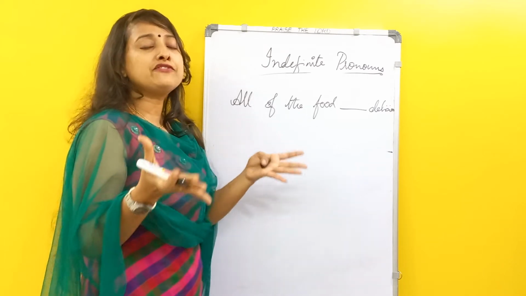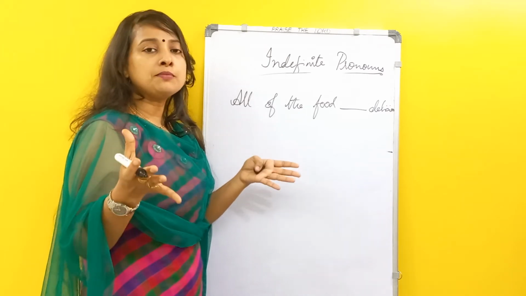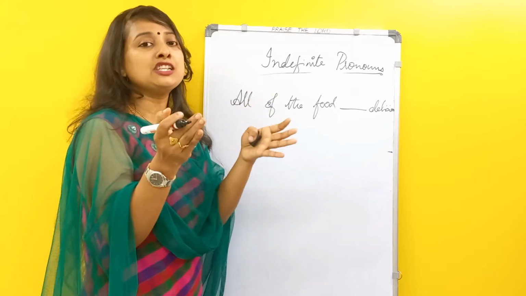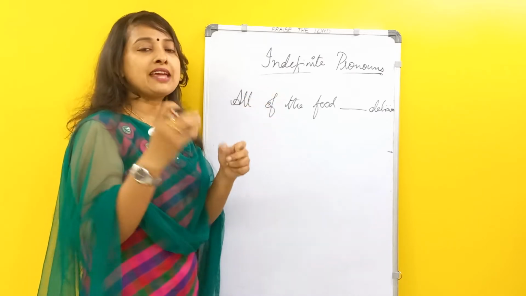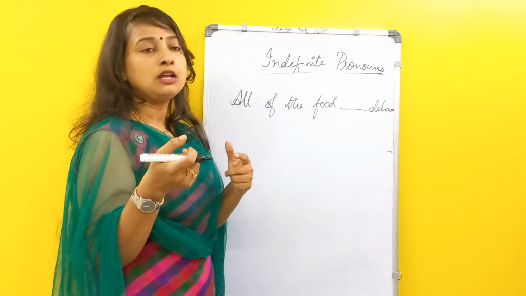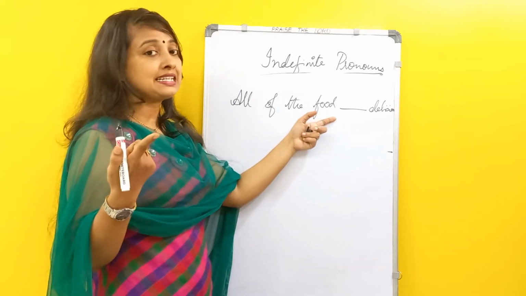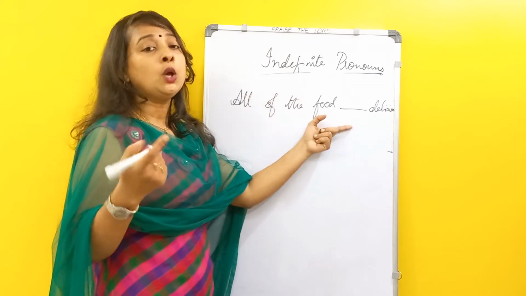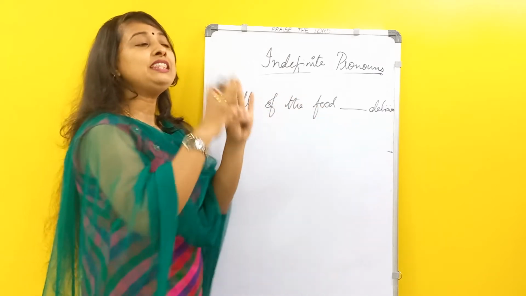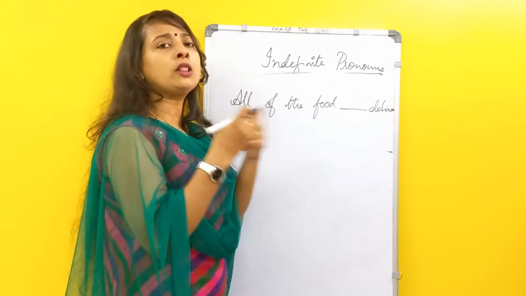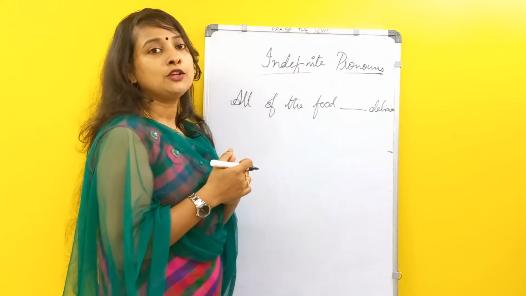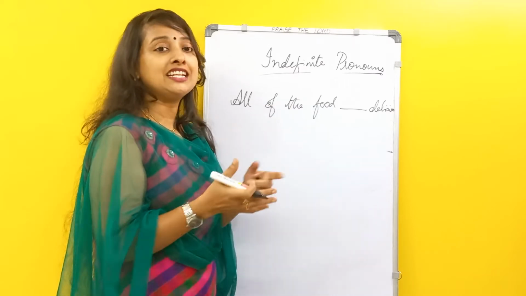So food is definitely an uncountable noun. It is taken as a single unit. Food means food. We don't count one food, two foods and all. So it is uncountable. So for uncountable noun, it is taken as a single unit. So all of the food was delicious. So in the party which we attended, all the food was delicious. You'll be saying was delicious, not were delicious.